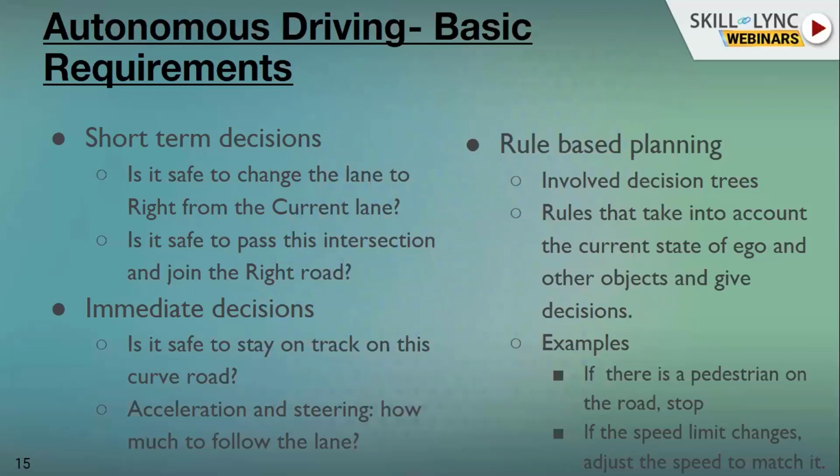It will take the current ego vehicle state and other objects and give a decision. For example, if there is a pedestrian on the road, stop. One decision point is if a pedestrian is observed; if the outcome is true, it will stop the vehicle. Otherwise, it will drive the vehicle. So that is one kind of decision tree. If the speed limit changes, adjust the speed to match it. This is another decision, I mean, another rule-based planning.